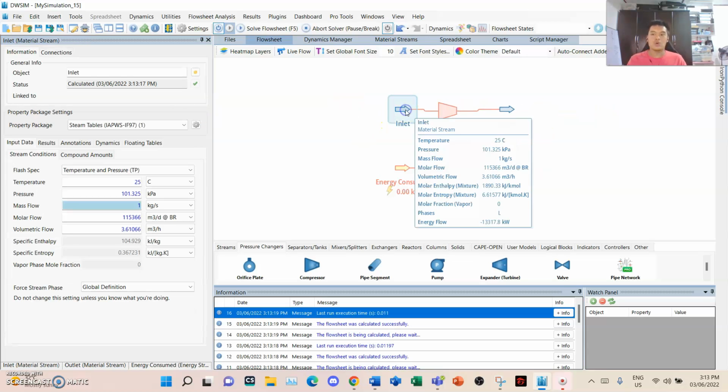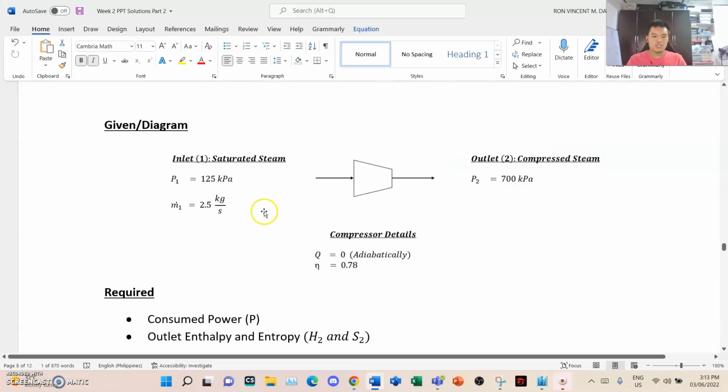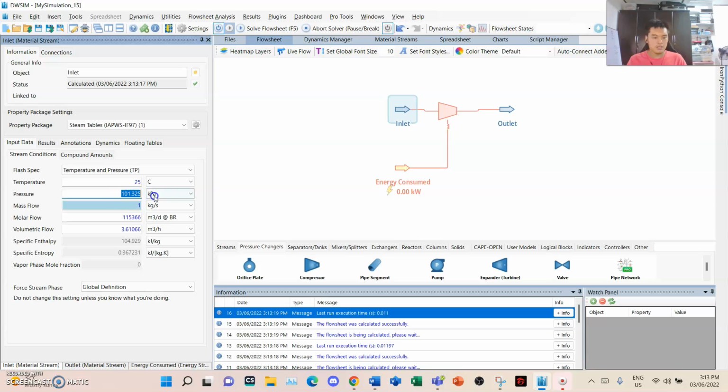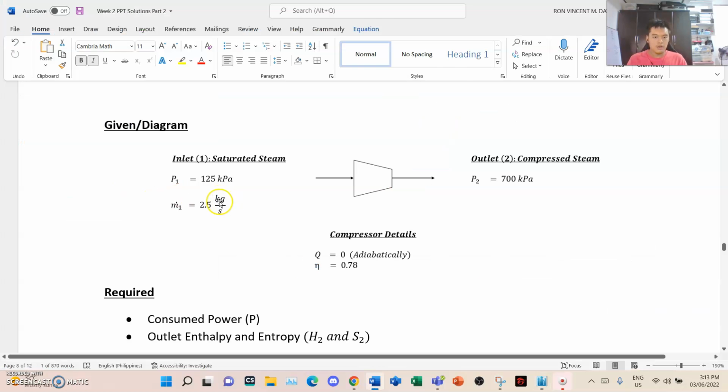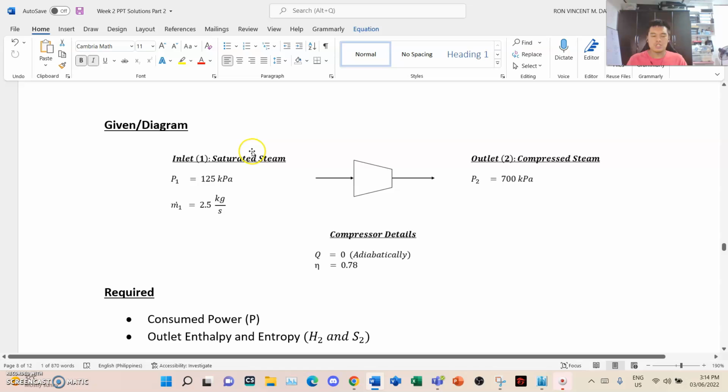First, we need to find the initial pressure, 125 kPa, and 2.5 kilogram per second. But we need to know the temperature. How do we know? What temperature should we use for the inlet saturated steam?